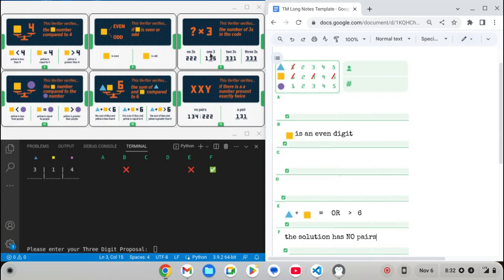So what else? Okay, so yeah, we didn't test C and we did not test D, comparing the middle and last digits. And of course, technically criteria card E is still outstanding. We don't quite know if the sum is 6 or not.